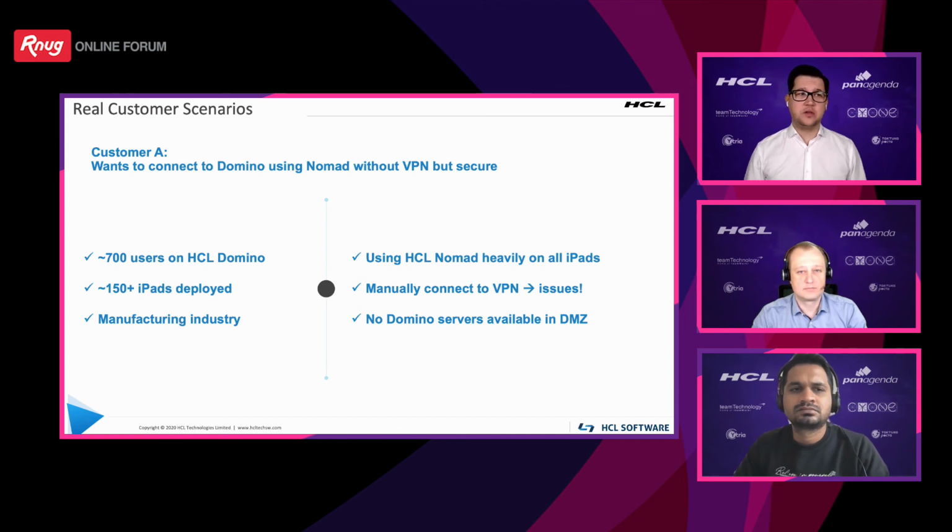So, for instance, customer A, which is from the manufacturing industry, wants to connect to Domino using Nomad without any VPN, but they want to do it securely. They did pass-through in the past and they want to get rid of it. They have 700 users on HCL Domino, and they have already deployed 150 plus iPads. They are using HCL Nomad heavily on their iPads.